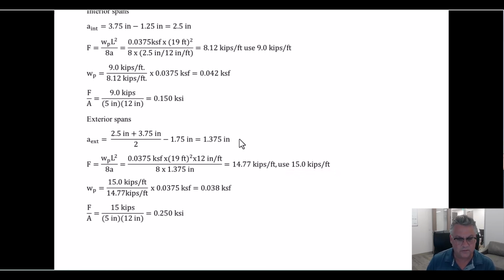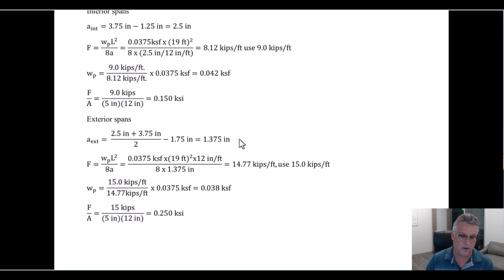Let's round it to 15 kips a foot. So 9 kips a foot on the interior, add 6 kips a foot on the exterior bay for 15 kips a foot. With that 15 kips a foot, the balance load in the exterior bay is 38 pounds per square foot. And the average compression at 15 kips on a 5-inch slab is 250.